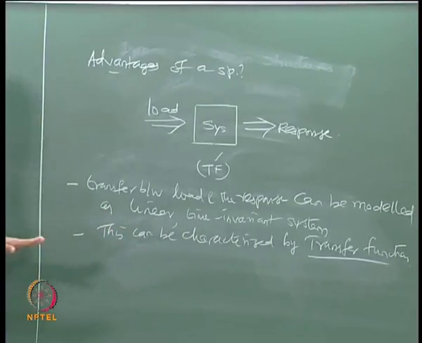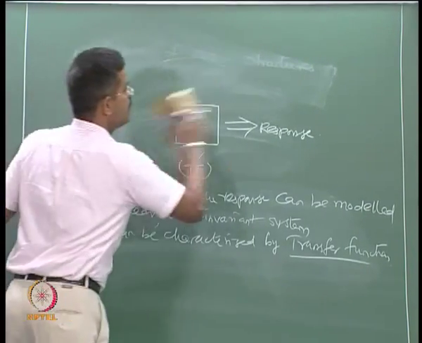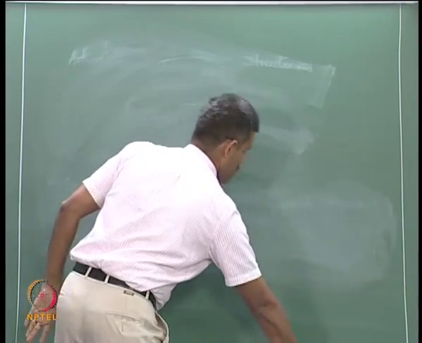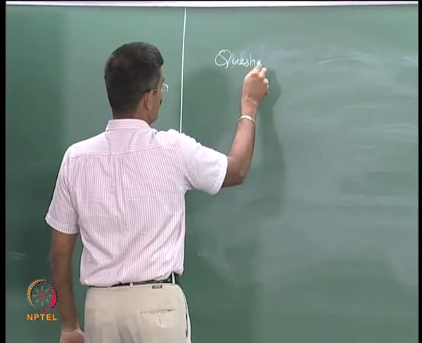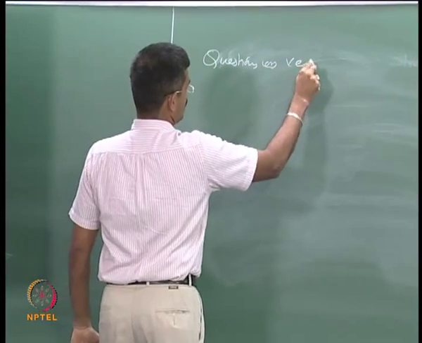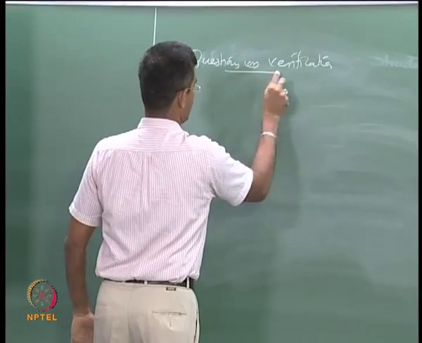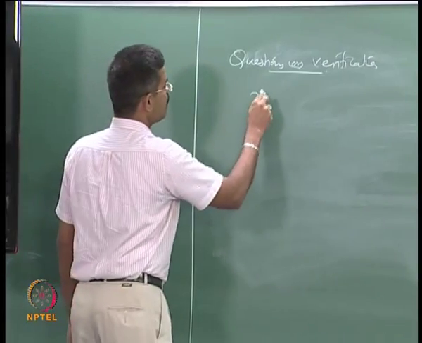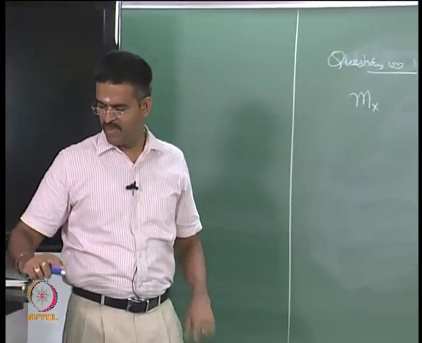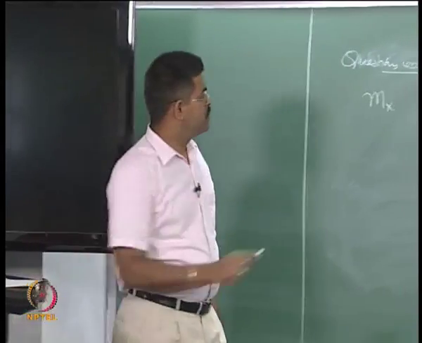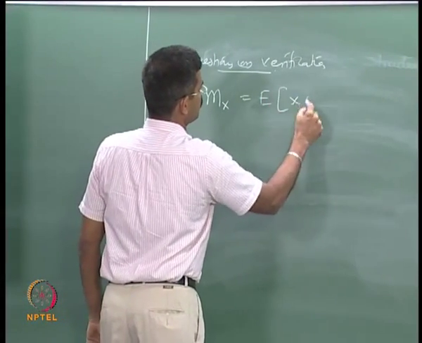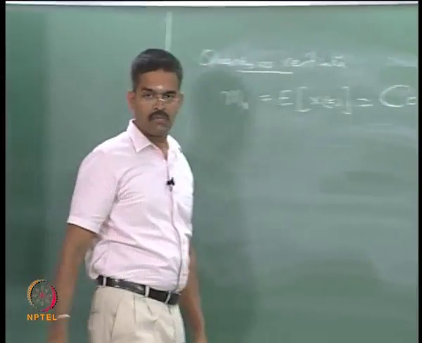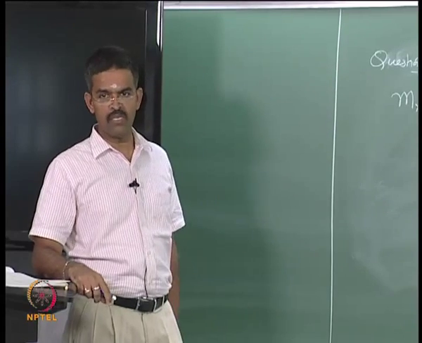Any questions here? So now the verifications I have got to do are the following. The mean value of the variable, which is the expected value of x of t, should remain constant. We have to verify this, because only then can we call this process a stationary process.